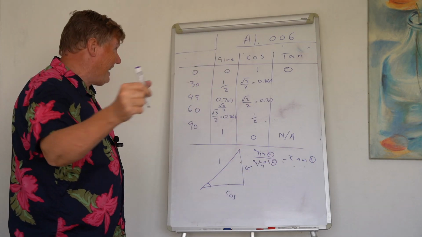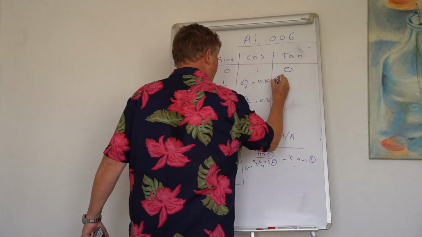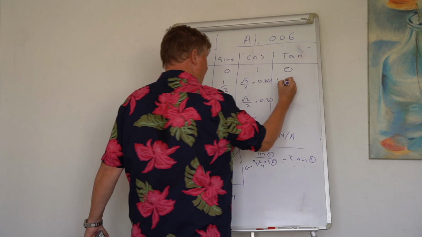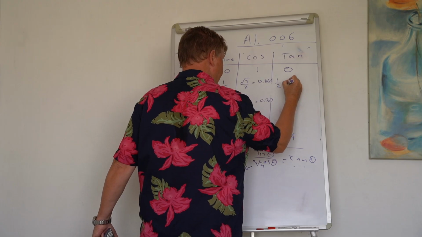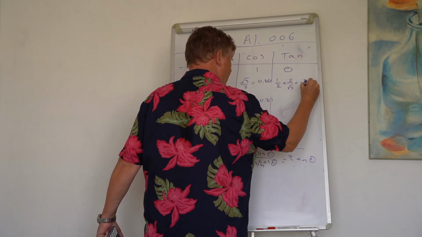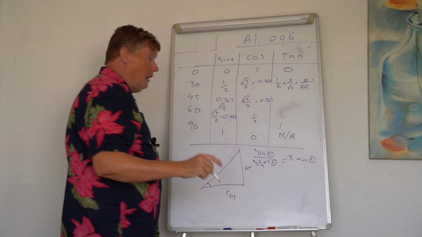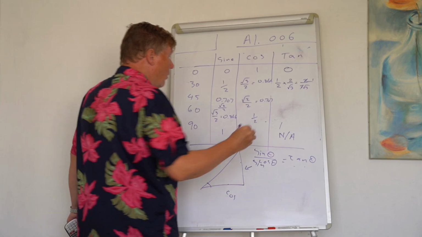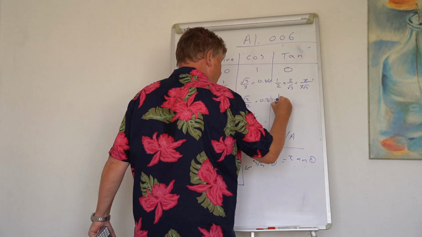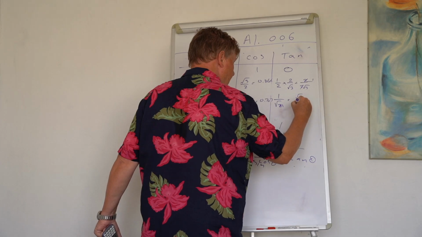Okay, so if we look at tan 30, one way to work out tan 30 is simply divide a half divided by that, which is the same as multiplying by the reciprocal. So if I multiply that across, I get 2 over 2 root 3. 2's cancel. 1 over root 3. And I told you earlier that 1 over root n is the same as root n over n.